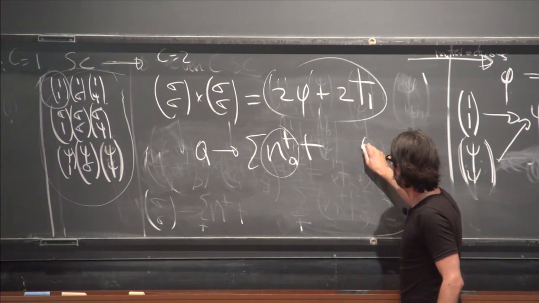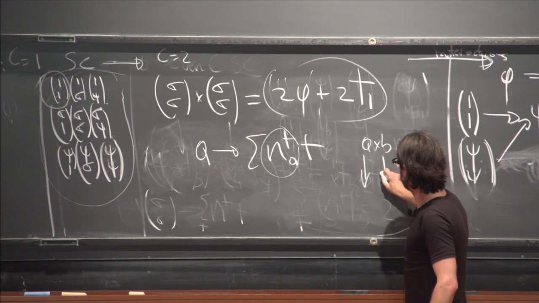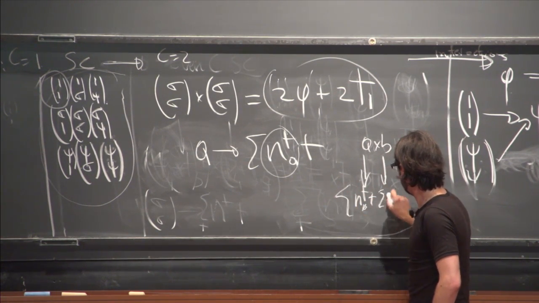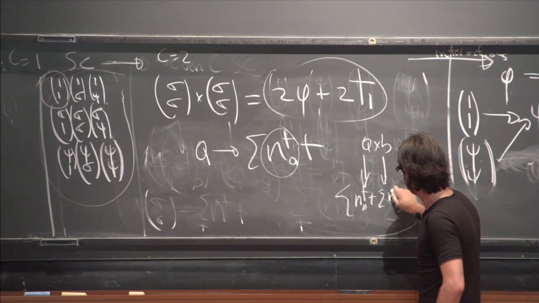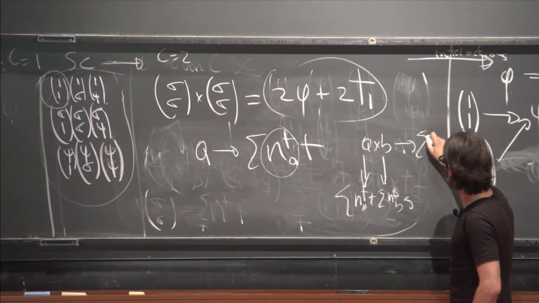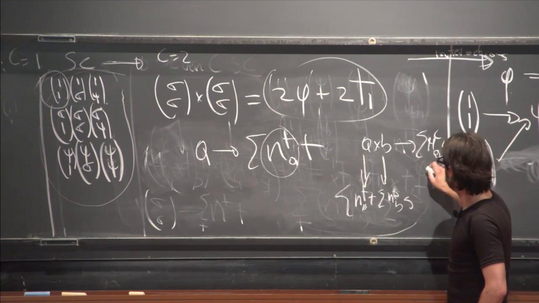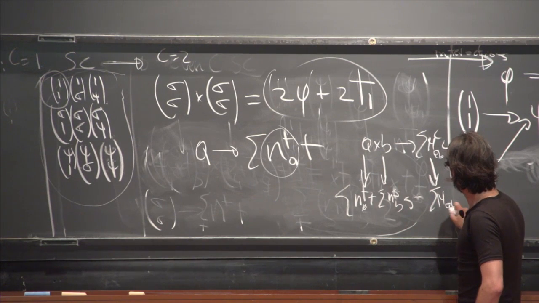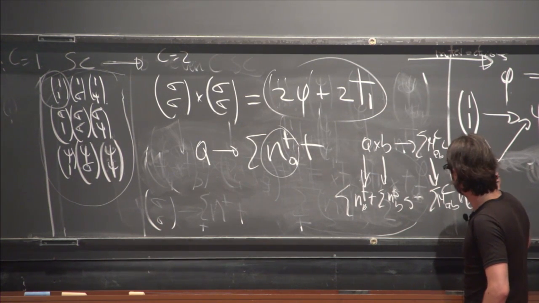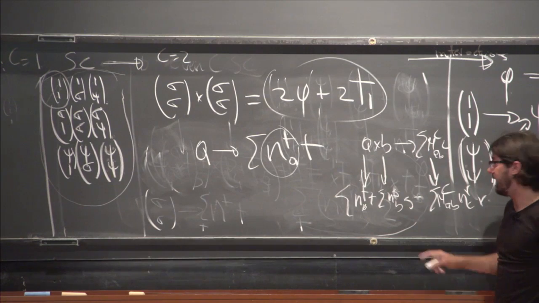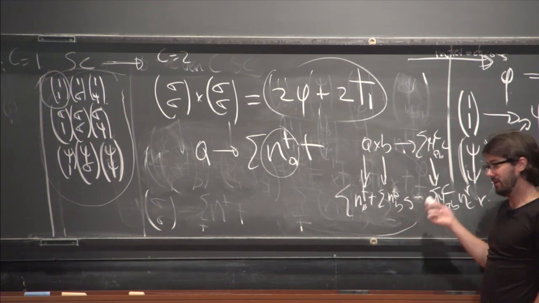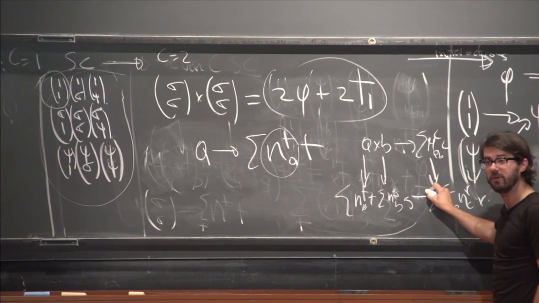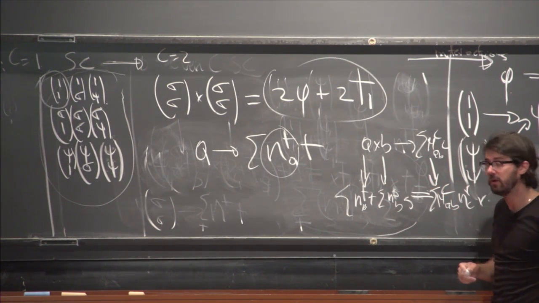This is just a hand-waving way of basically doing commutativity or associativity of the following fusion diagram. A times B goes into NAT, T, NBT, NBS, S, but they also go into some NABC, C, which goes into some NABC, NC, R, R. And now to make a consistent theory, you make this diagram associative, so you say that these two are equal.